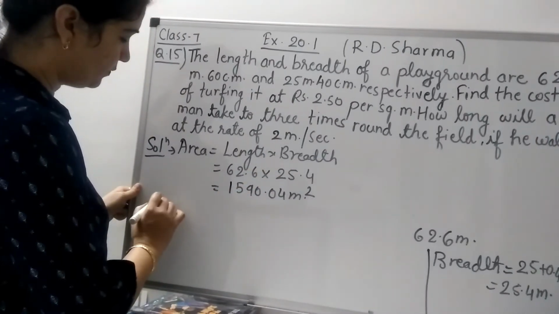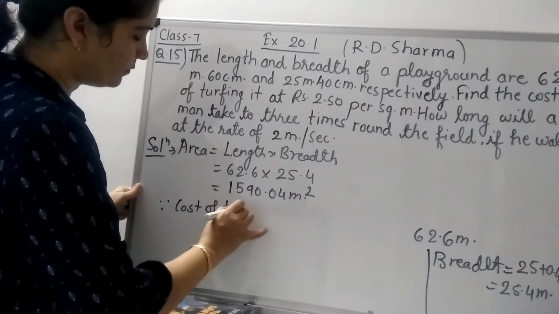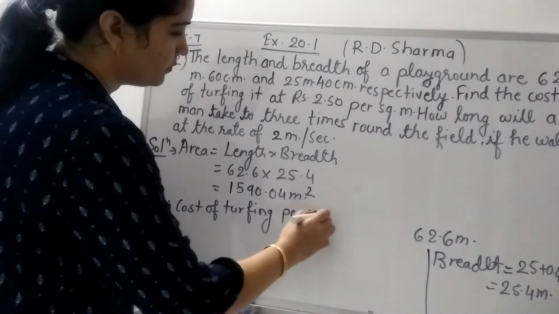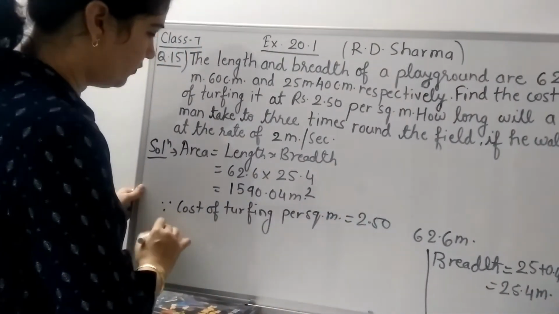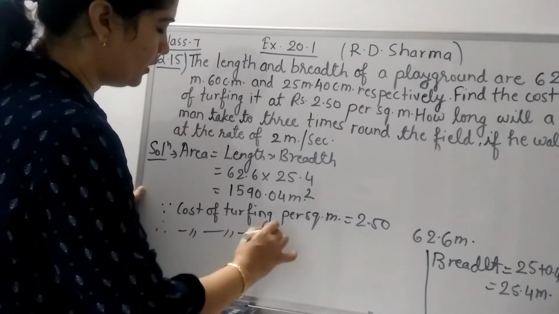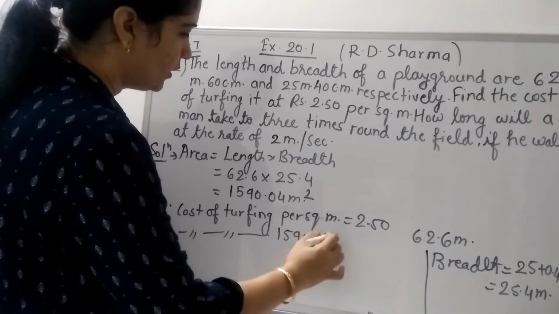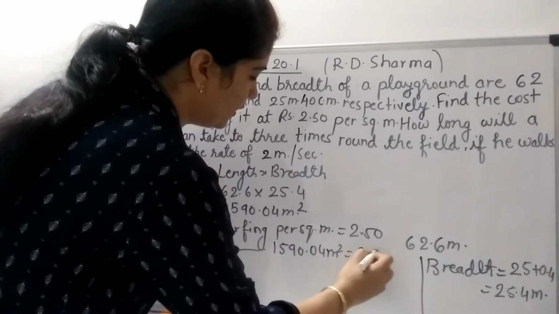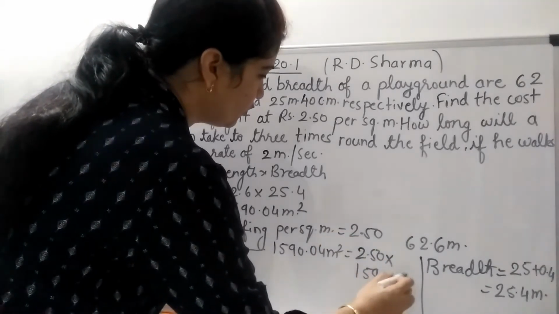So since cost of turfing per square meter is 2.50, therefore cost of turfing 1590.04 meter square is equal to, we will simply multiply 2.50 by 1590.04.